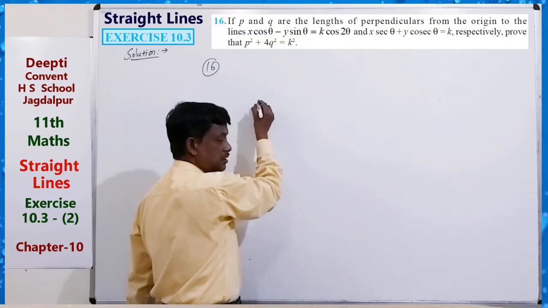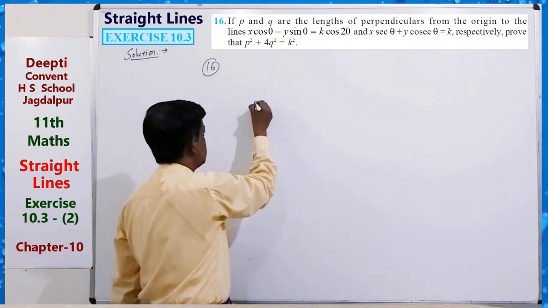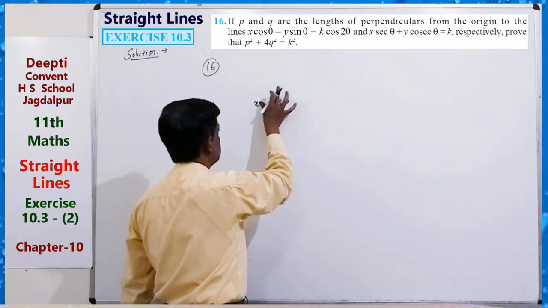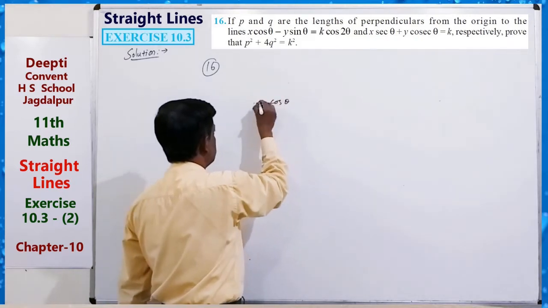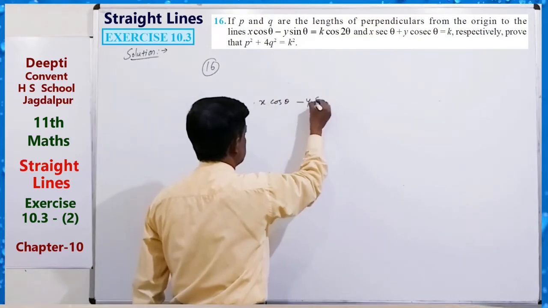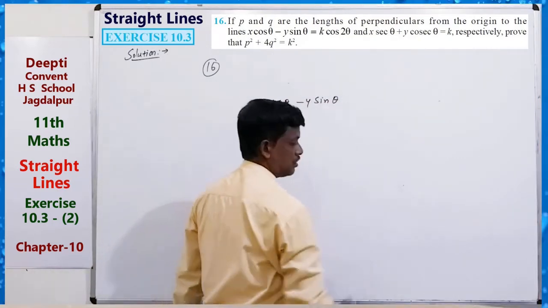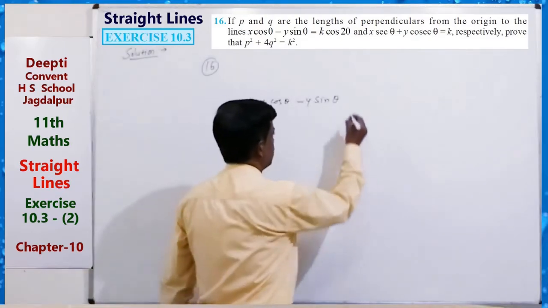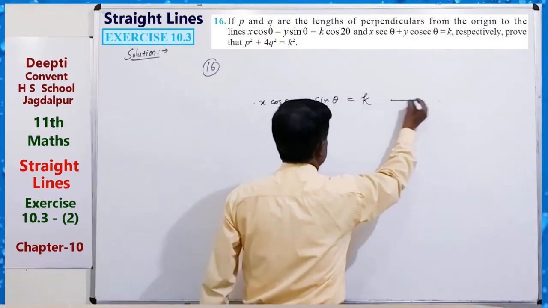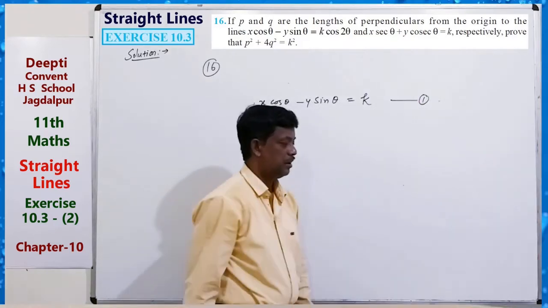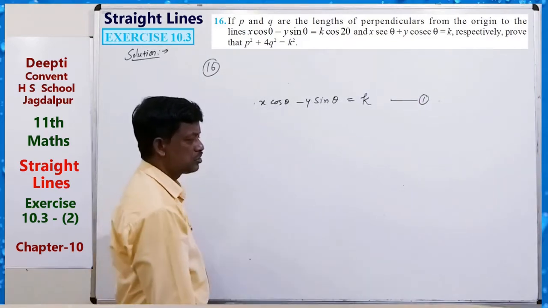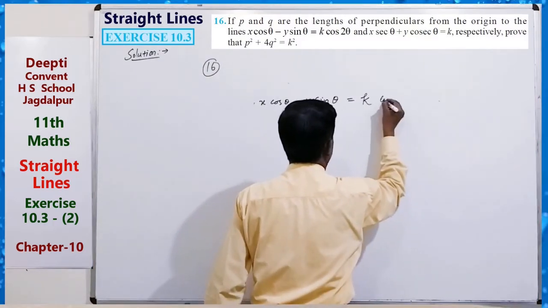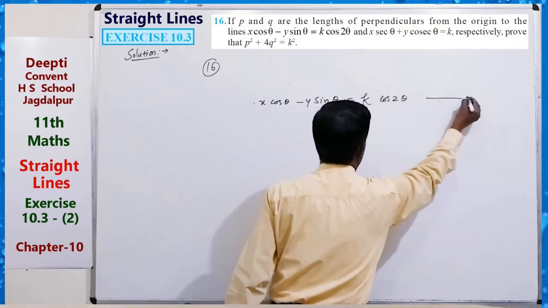One line is x cos theta minus y sin theta equals k cos 2 theta, equation 1.